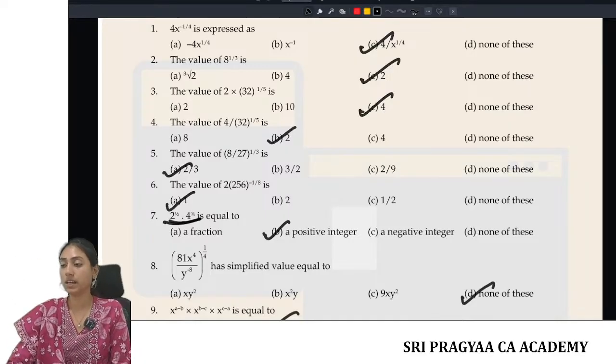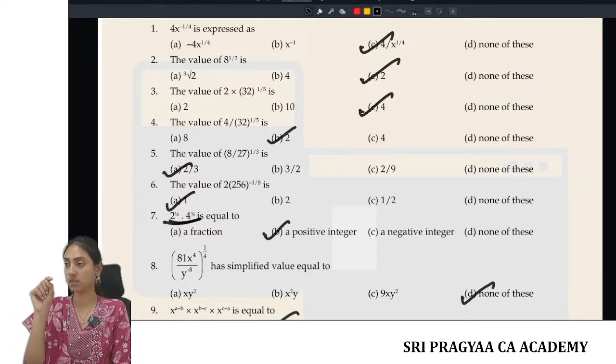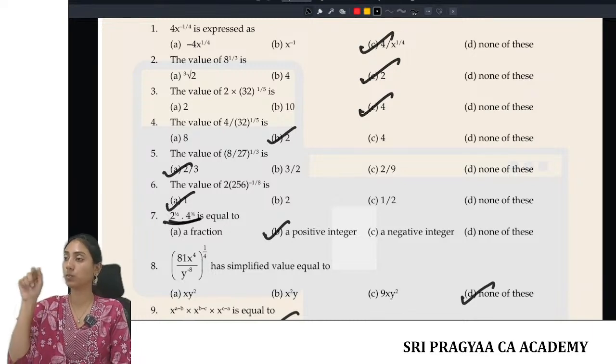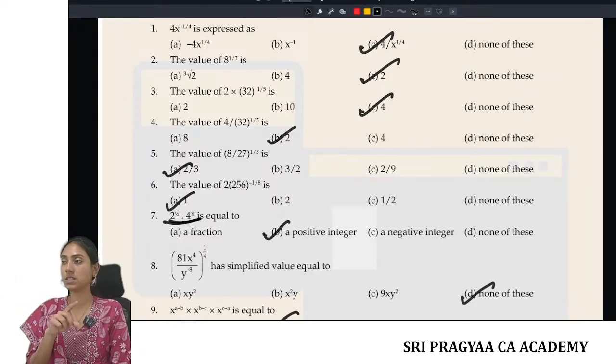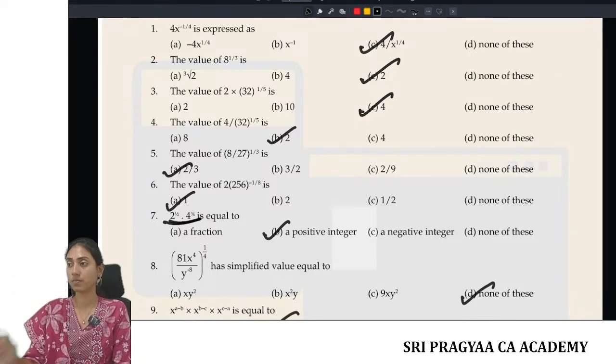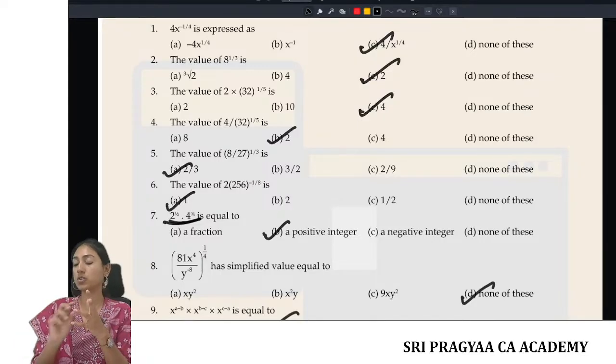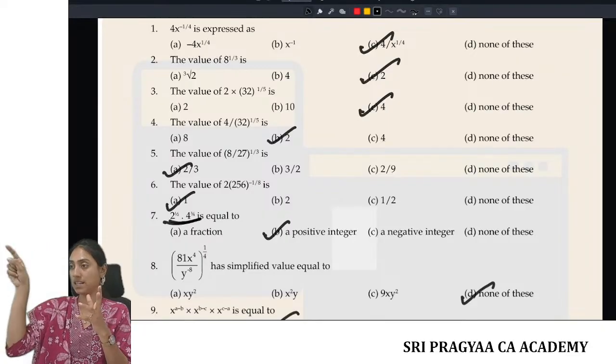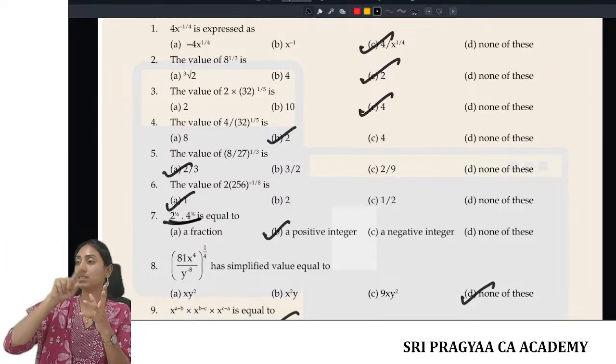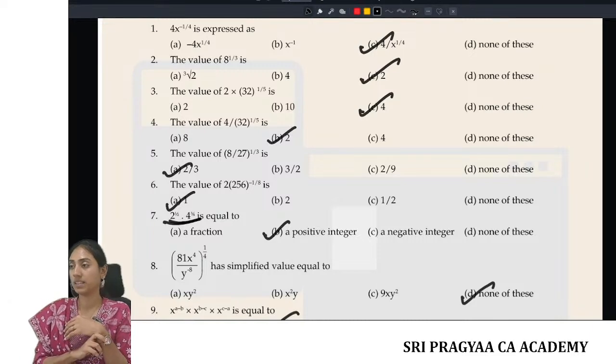Similarly, what are you given? 2 raised to the power of something, which is equal to 3 raised to the power of something, which is equal to 1 by 6 raised to the power of something, correct? Everything will be equal. So you have to find x, y and z such that your bases will be equal, correct?